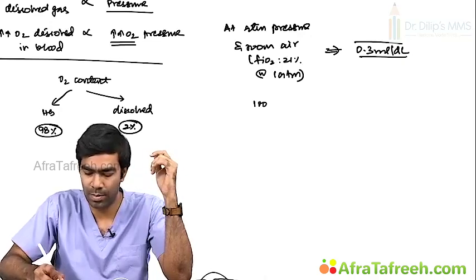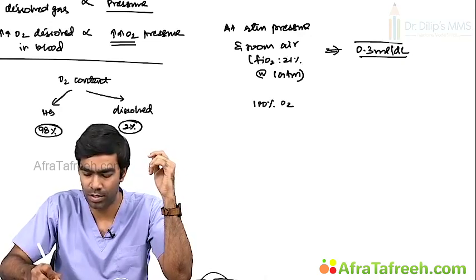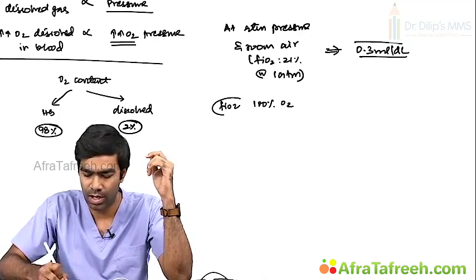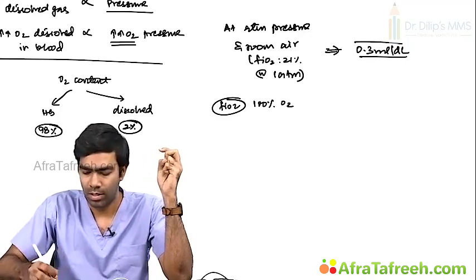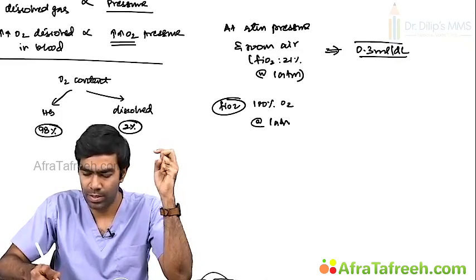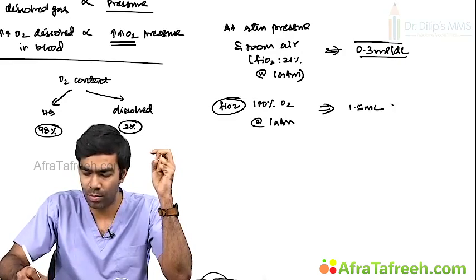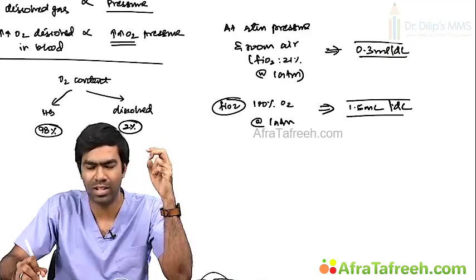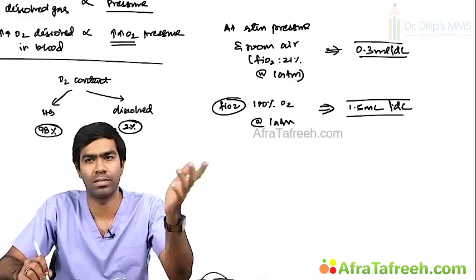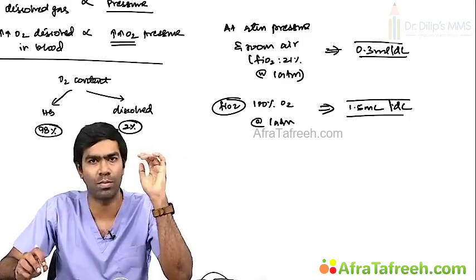Suppose you are giving 100% oxygen, that is FiO2 becomes 100%. At 1 atmosphere, the dissolved oxygen will increase to 1.5 ml per deciliter, 5 times higher. 21%, now 100%, so 5 times higher, so it becomes 1.5.